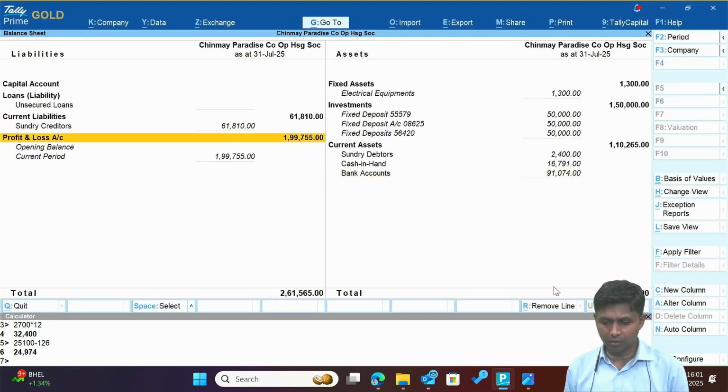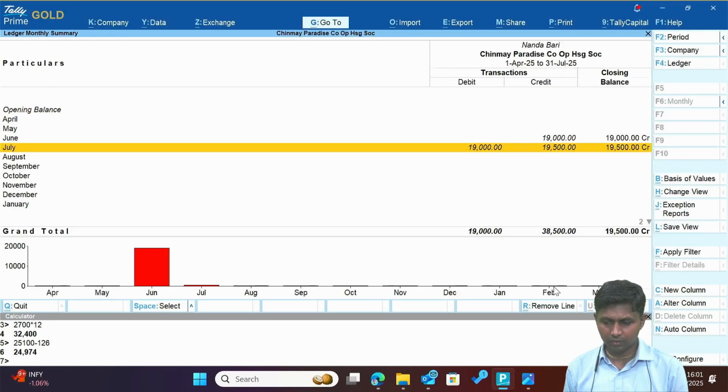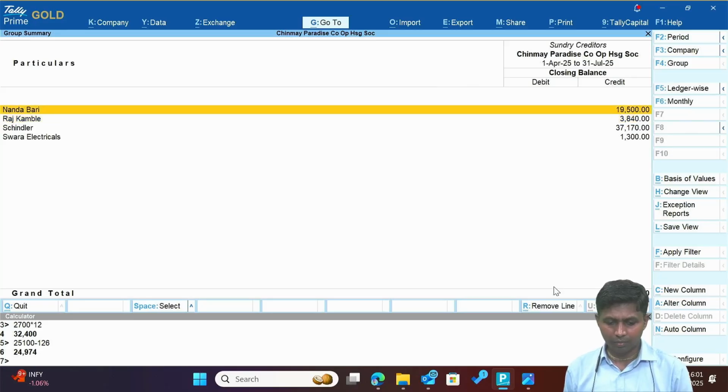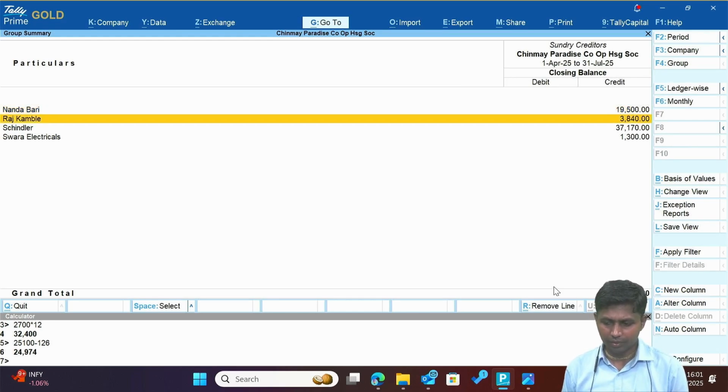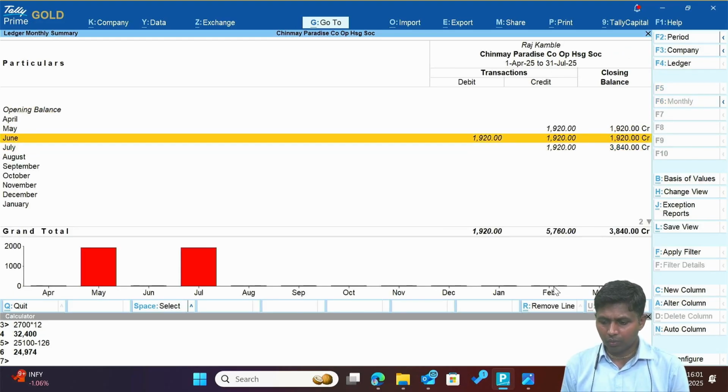That means our bank is also correct. Then in the sundry creditors, this Nandbari is okay. The last month's salary payment is still pending. So we have finalized till 31st July only. In the month of August, we will find this payment. This will nullify.